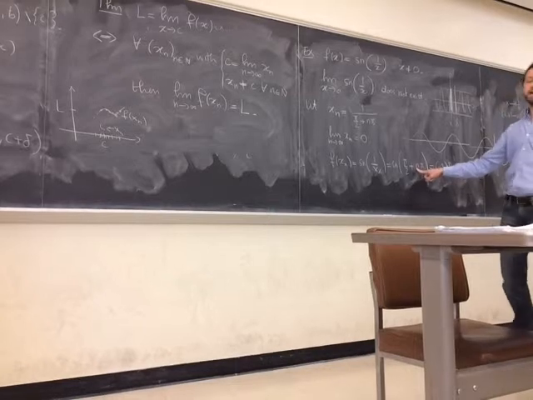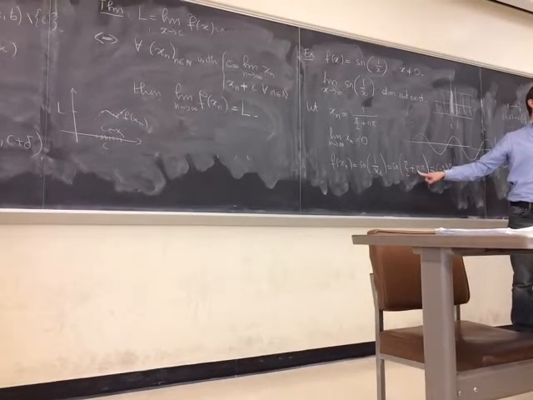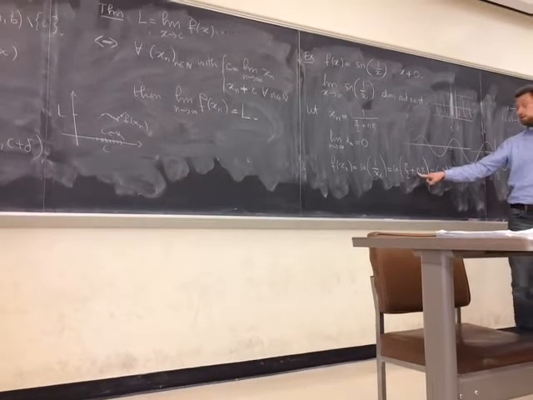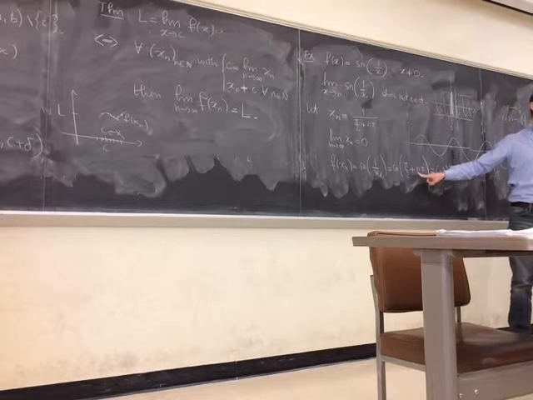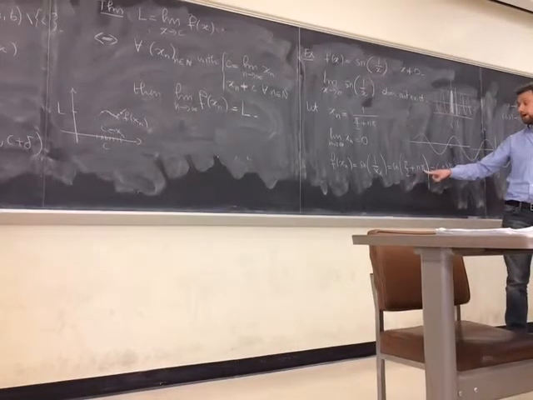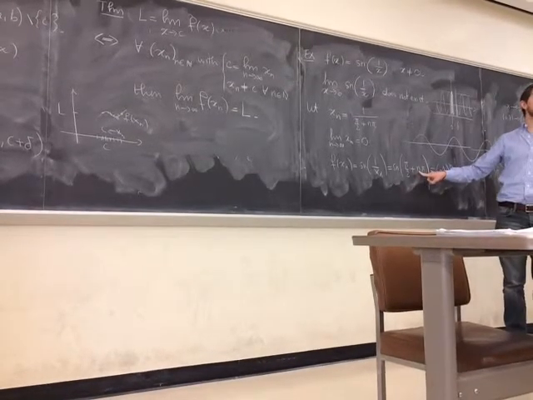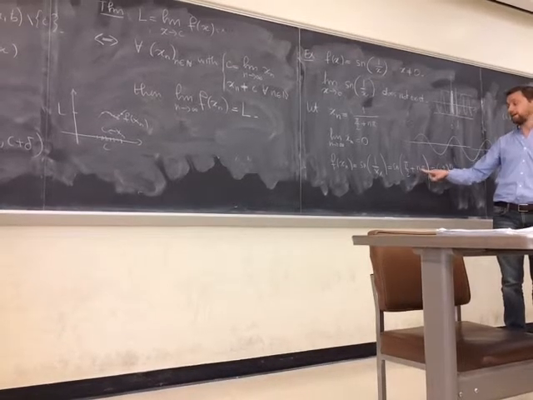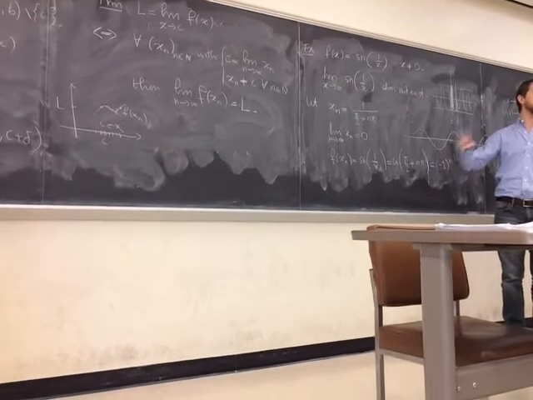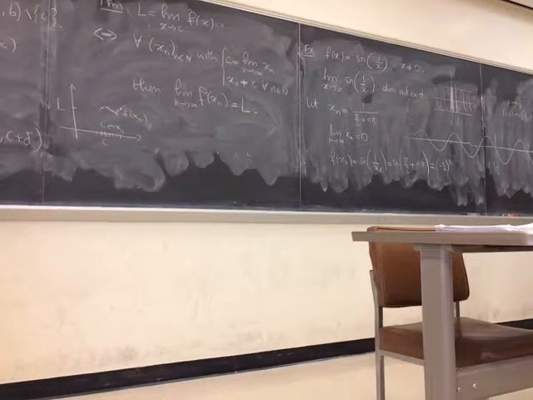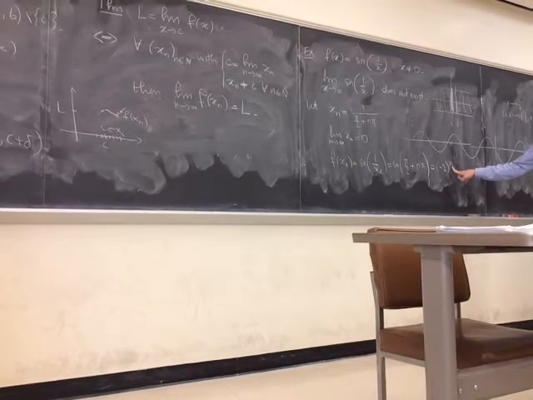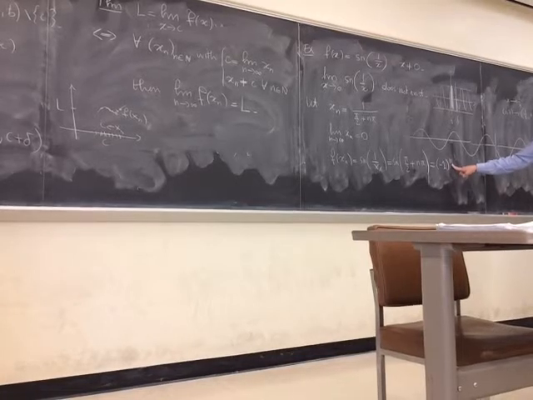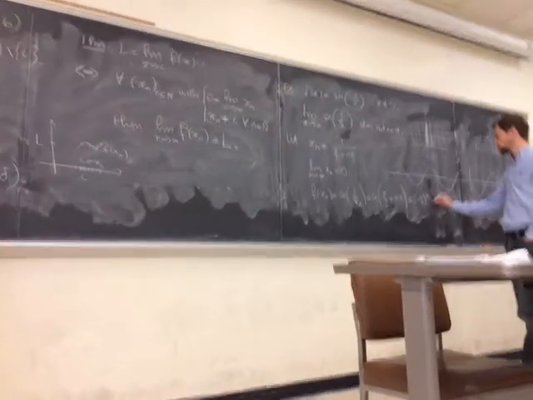Because when n is odd, I get sine of 3 pi over 2, which is minus 1. And when n is even, I get a multiple of 2 pi plus pi over 2, where the sine is equal to 1. So this is definitely minus 1 to the n. And we already know this sequence has no limit, right?